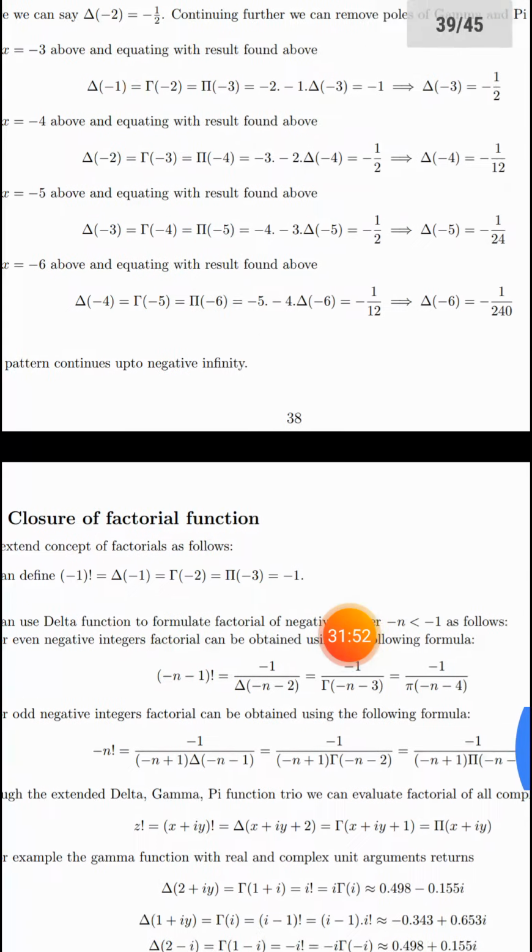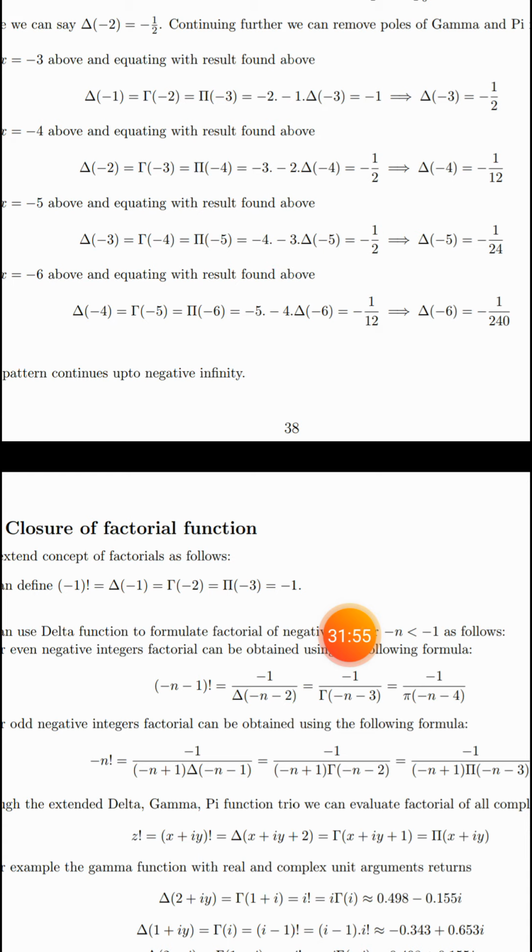It's similar to the factorials only, because factorial 3 is 3 into 2 is 6, double of that is 12. Then factorial 4 is 4 times 6, which is 24. Factorial 5 is 5 times 24, which is 120, but here it is different.